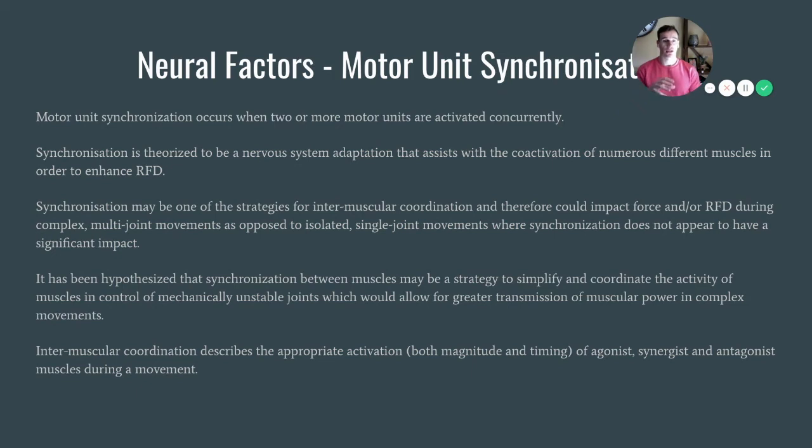The more synchronized that movement pattern is between muscle groups, the more force you can expect to produce. Synchronization is one of the strategies for intermuscular coordination, and it can impact force and rate of force development during complex multi-joint movements, as opposed to isolated single joint movements where synchronization doesn't have as much of an impact.